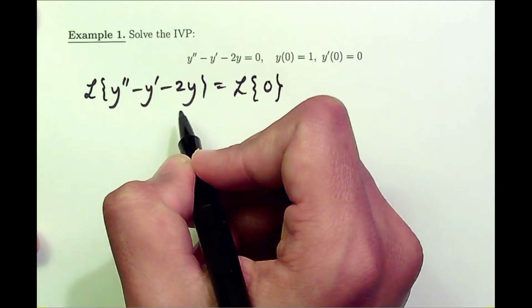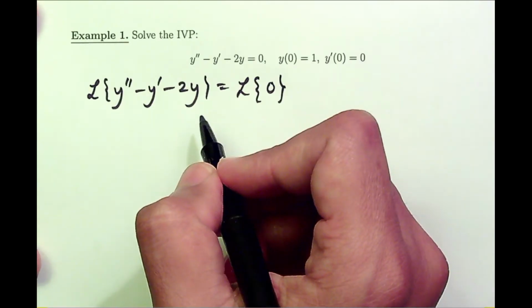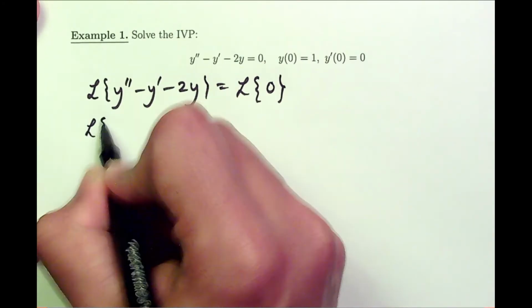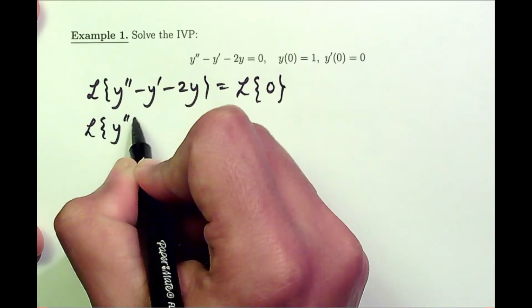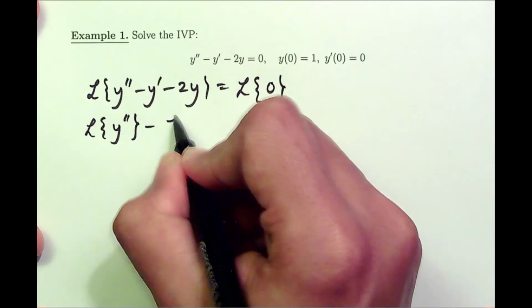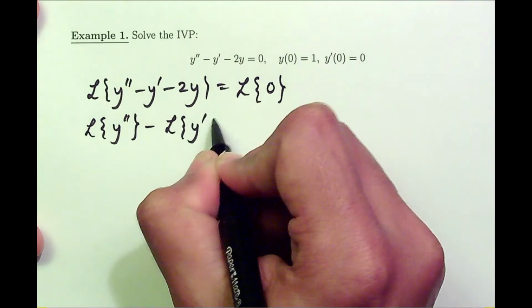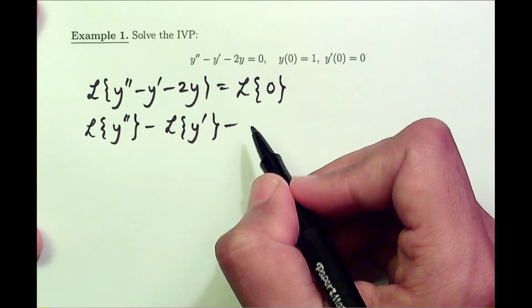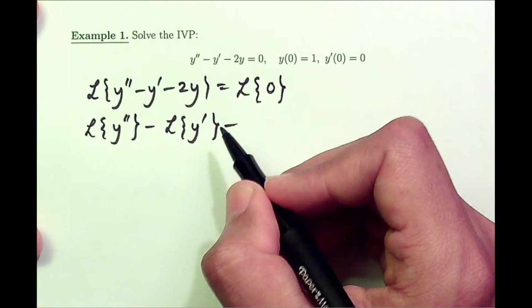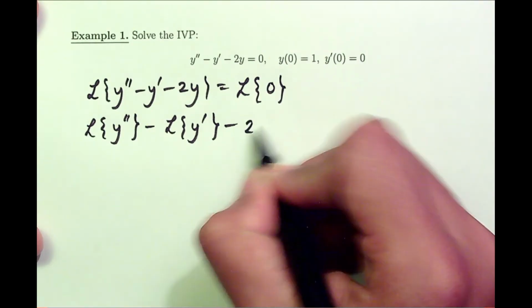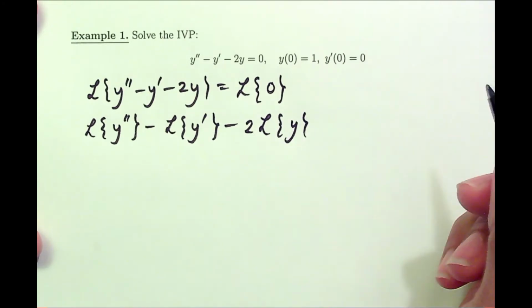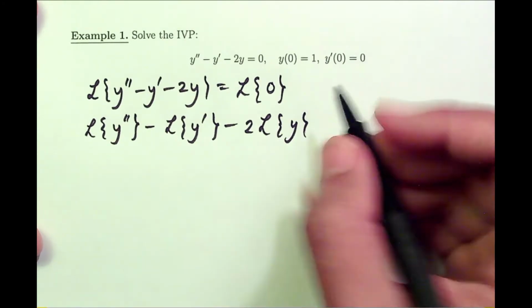The left-hand side, we're going to work out using the linearity properties. So this is the Laplace transform of y double prime minus the Laplace transform of y prime minus, you can write the Laplace transform of 2y, but you see 2 is a constant, so you can pull it out. So I'm just going to write the 2 outside, the Laplace transform of y. Using that property of linearity, you can pull out constants.